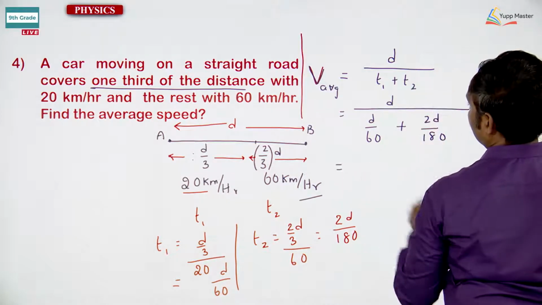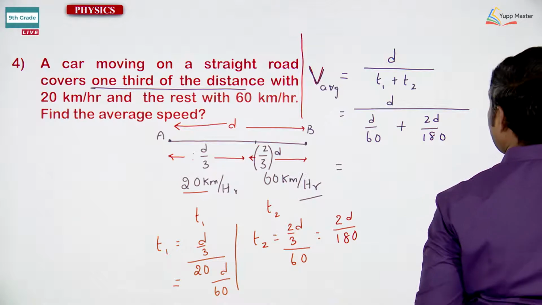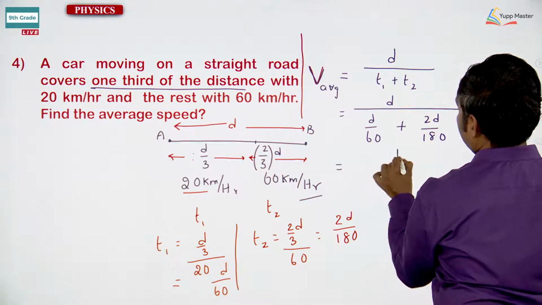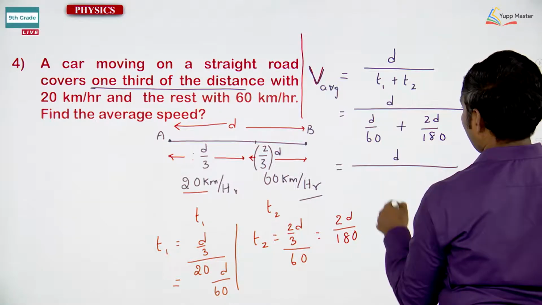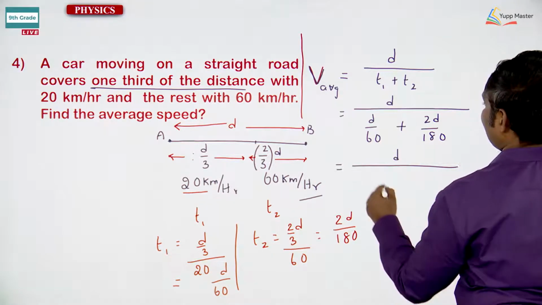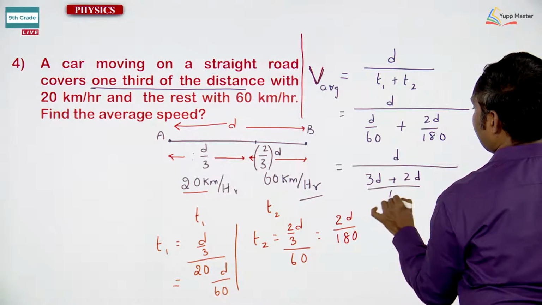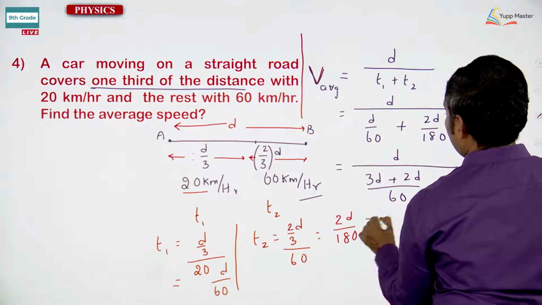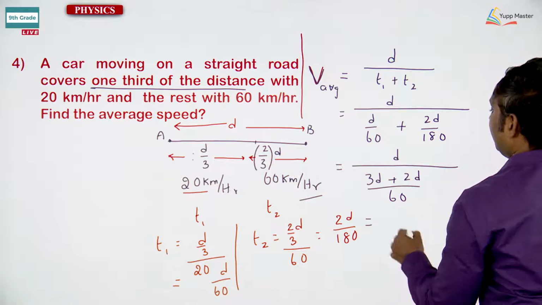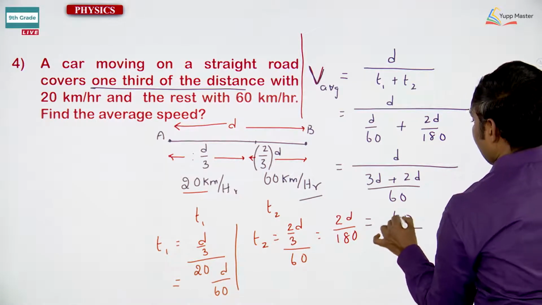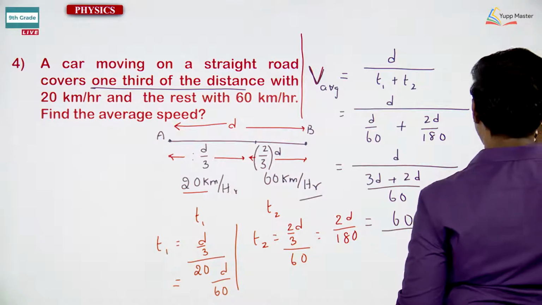While you are doing the calculations, you will get d by 3d plus 2d by 60.